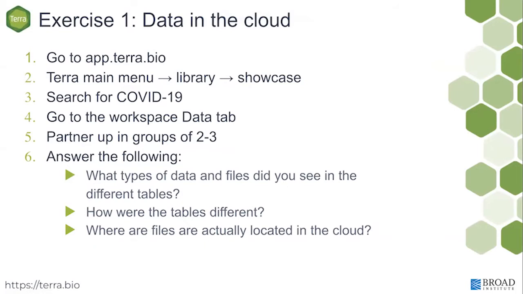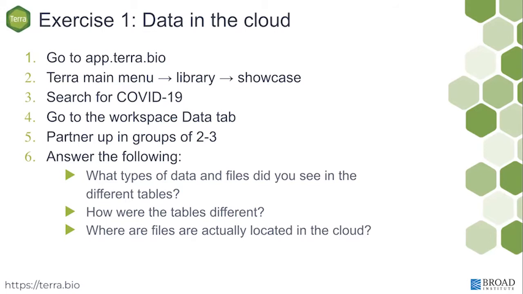Okay. Everyone's good? All right, then let's go ahead and go through this together. All right, so what types of data did you see in the data tables? Sequencing files. Like specifically what kind you saw, or file formats or anything? There were some BAM files in there, yeah.